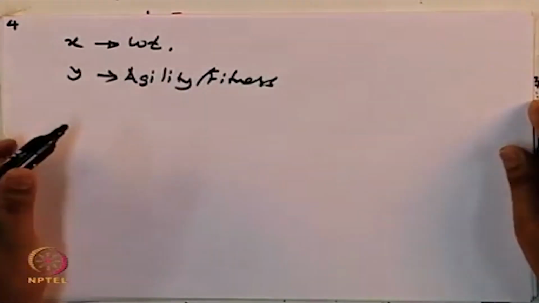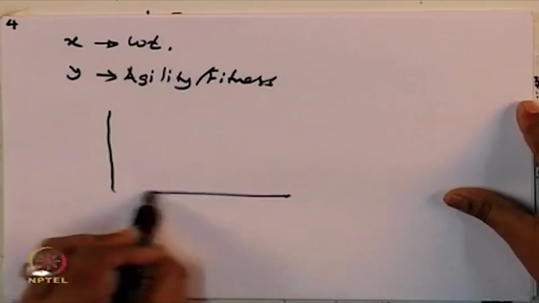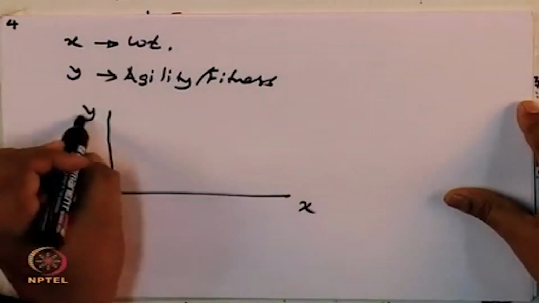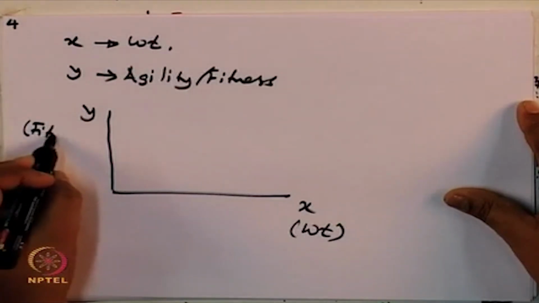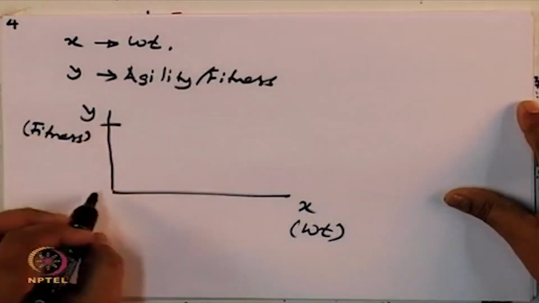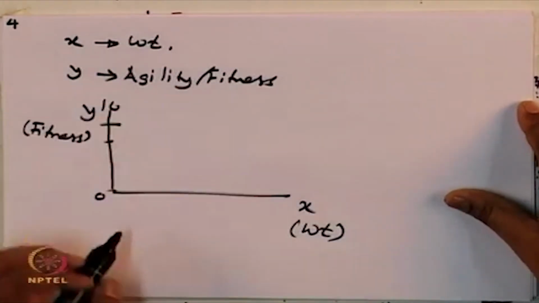Logic would dictate that if I were to plot x and y, x is my weight axis and y is my fitness axis, normalized to a value between 0 and 10.